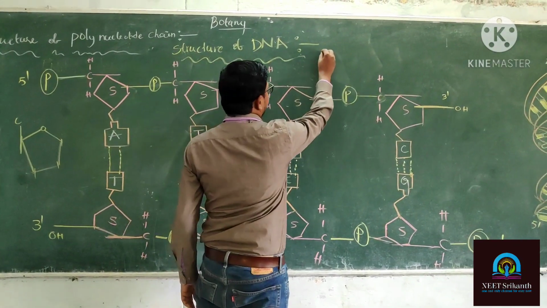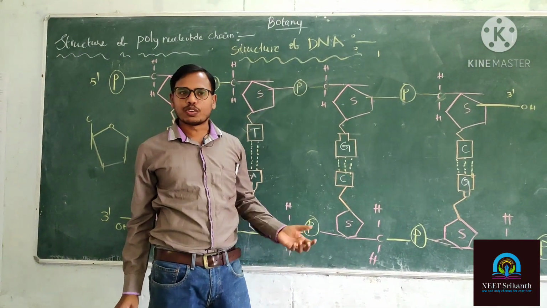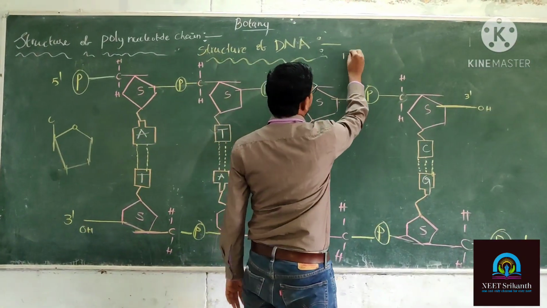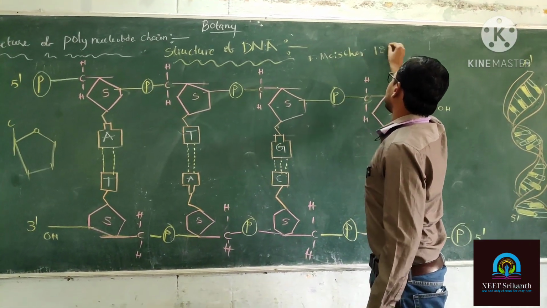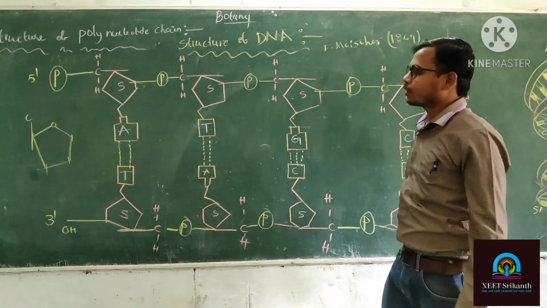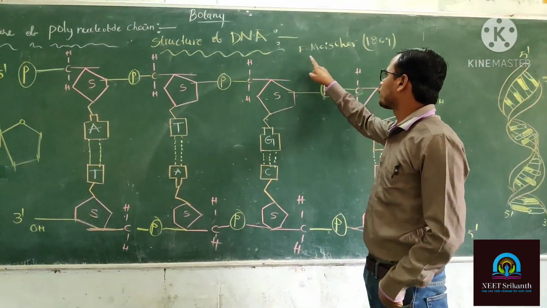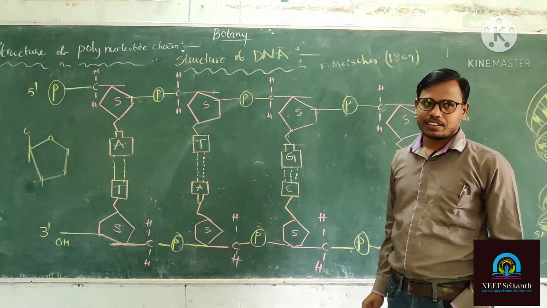Okay, already we know the discovery of DNA. DNA is the nucleic acid, and the nucleic acid was first discovered by Frederick Miescher in the year 1869. Who was first to discover the nucleic acids? Frederick Miescher, in 1869.